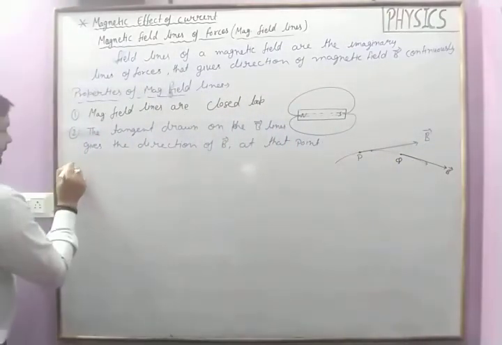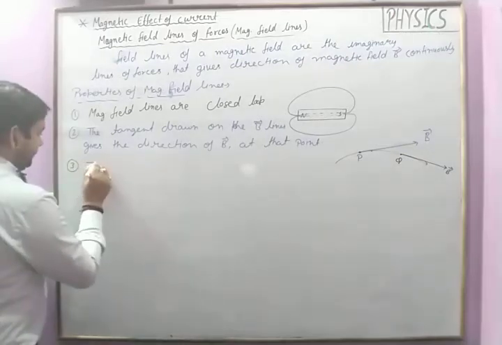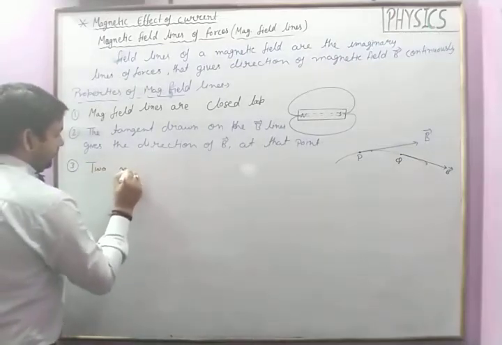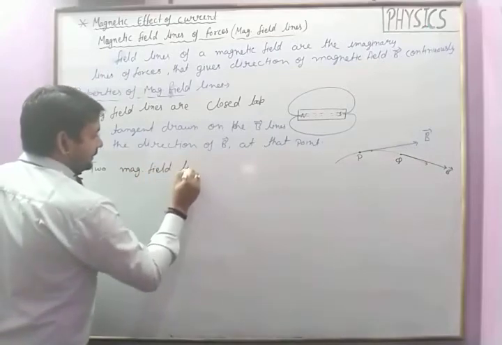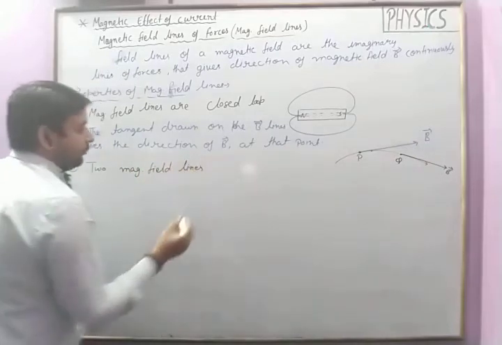And the third point is that two magnetic field lines never intersect each other.